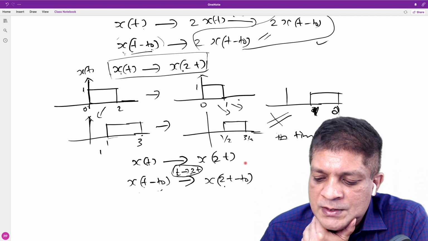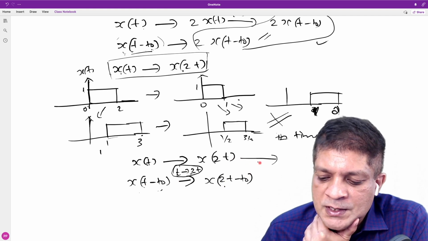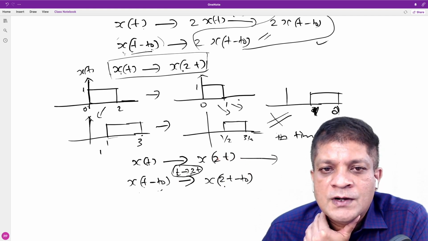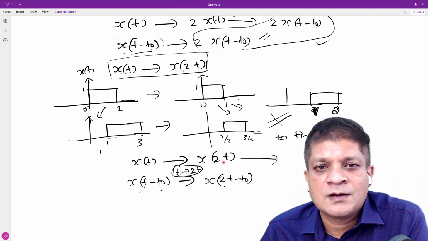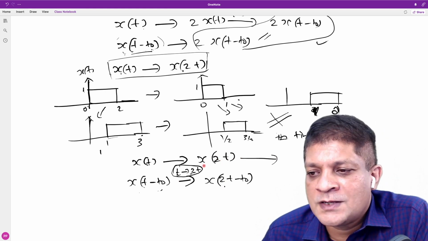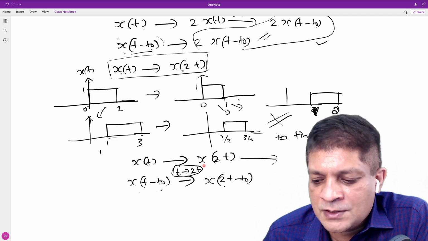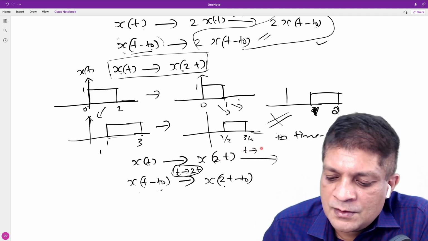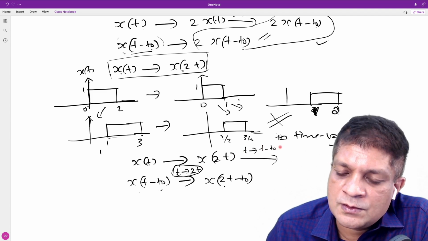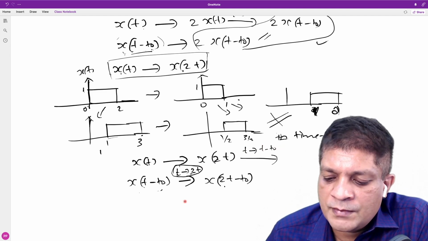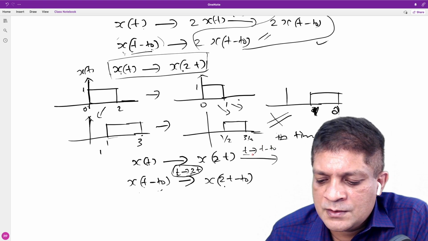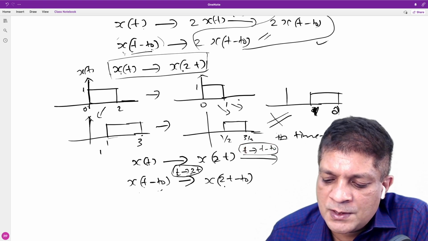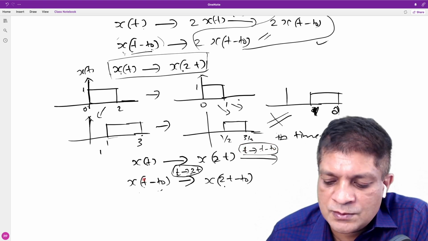Now, is it a delayed version of this? If you delay this by t naught, what is that operation? If you want to delay a signal by t naught, you have to replace t with t minus t naught. I am just writing that operation: replace t with t minus t naught.